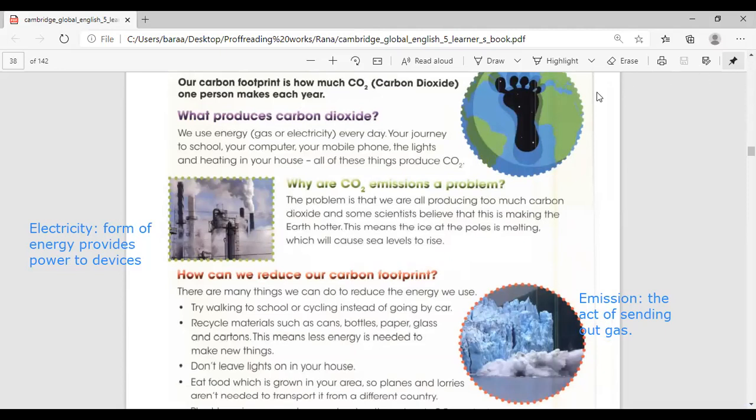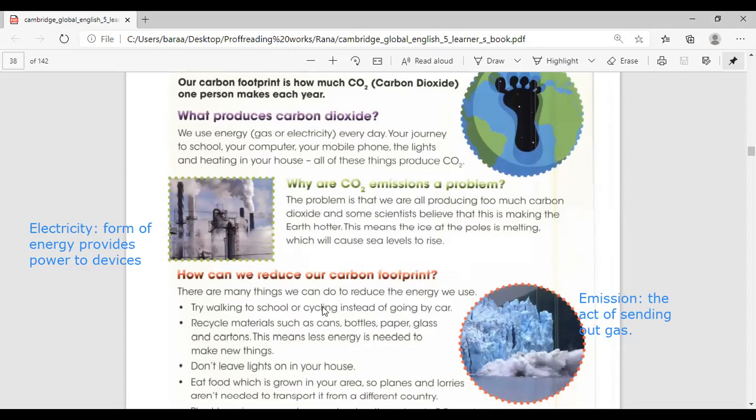Okay, the first thing is what? Try walking to school or cycling instead of going by car. So this is the first step that you can do by yourself. Try walking or cycling.